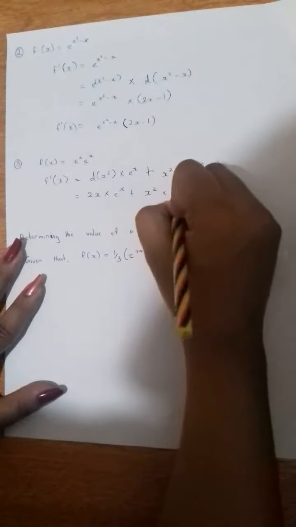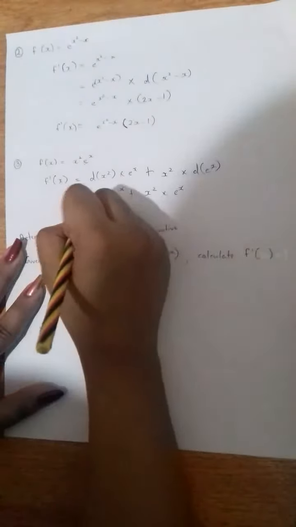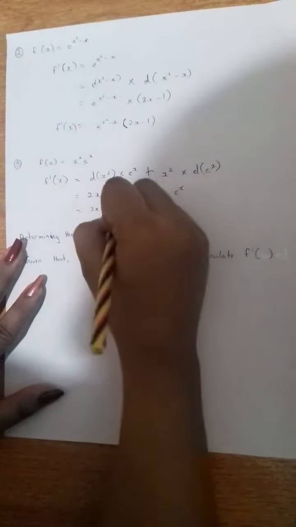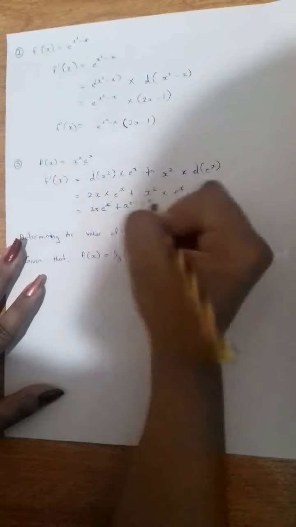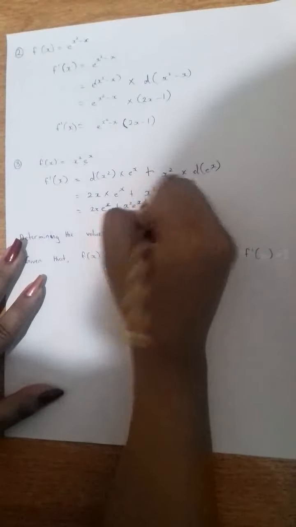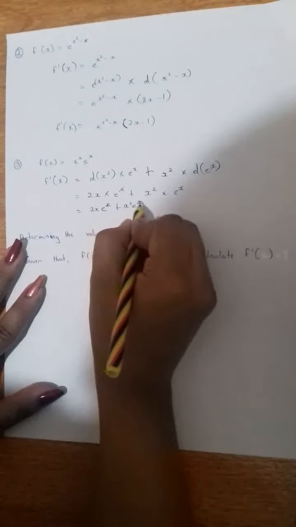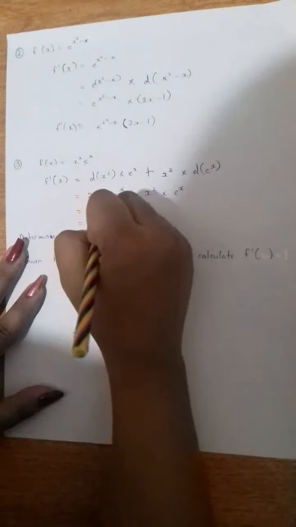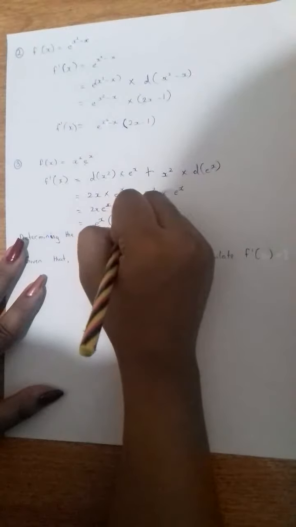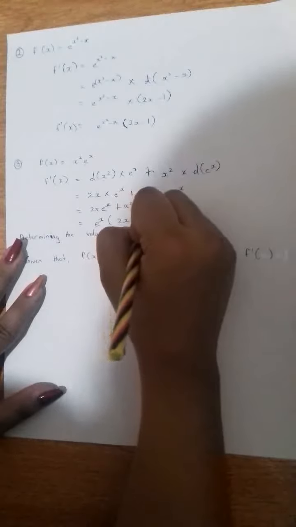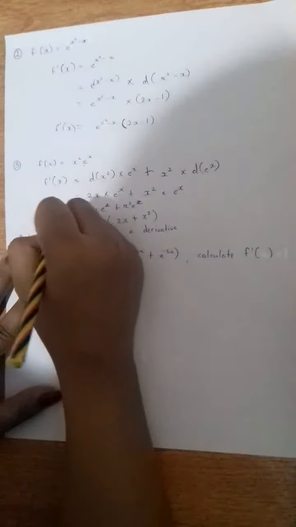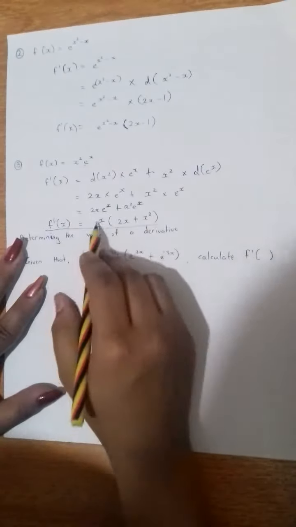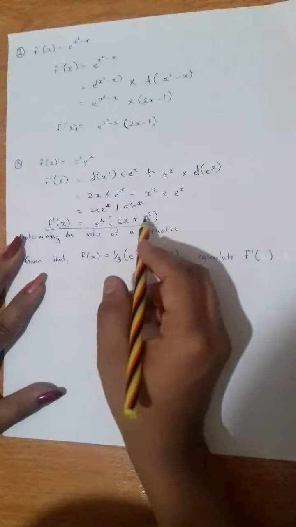So we just multiply, and therefore we have 2x e to x plus x squared e to x. Since we have a common value, e to x, we factor it out, and we have 2x plus x squared. So the derivative of this function here is e to x in brackets 2x plus x squared.